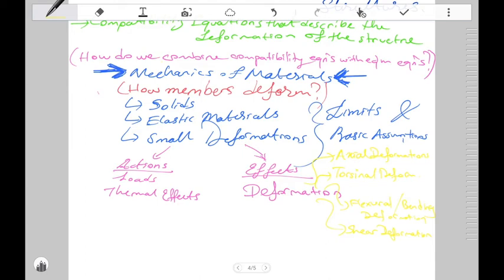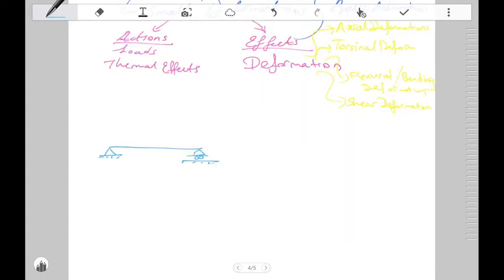Okay, so our approach was as follows. We have an action, a load. Let's take a look at it. Draw a simple figure. I have a load on the structure. So what does that load cause? That load causes a moment in the structure.